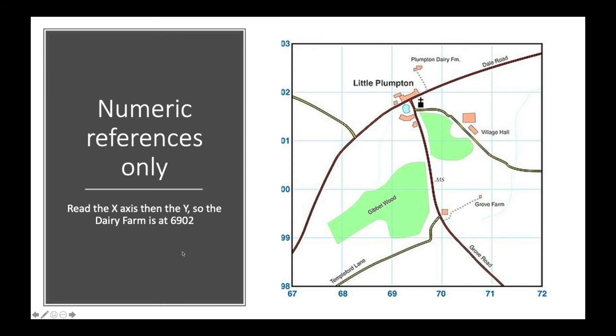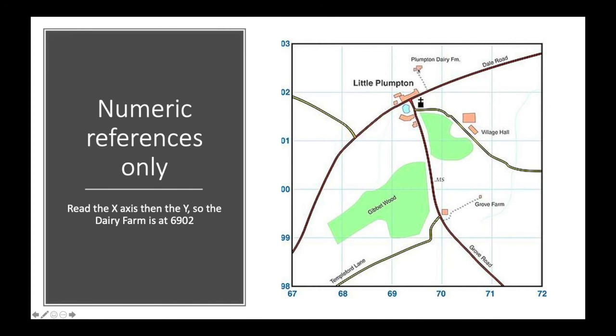Anyway, so what that means is that here I've got a coordinate 6902. So if I go to 69 and then come up to 02, oh, I've said the dairy farm is there. Well, that's not quite right, is it? Well, hang on, it is, because the dairy farm is sitting between 2 and 3 and between 69 and 70. So really it's at 69.5 and 2.5.